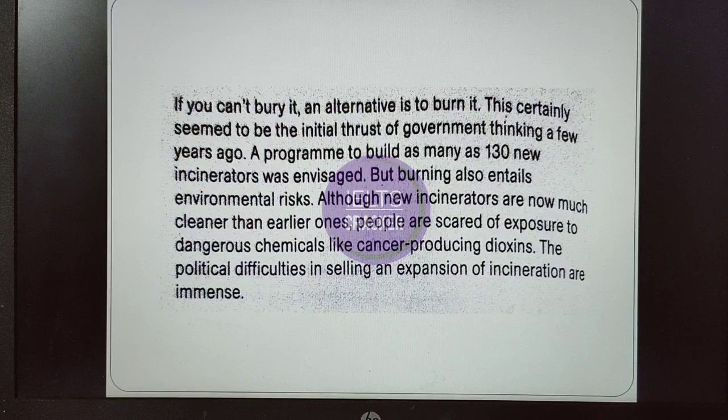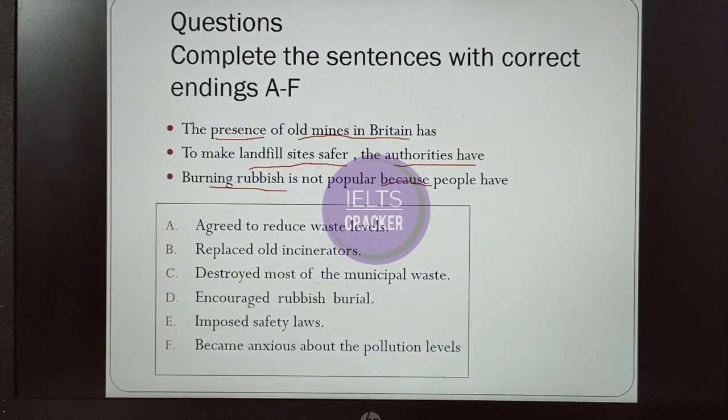But at the same time, people were also scared because of the exposure of some dangerous chemicals, and along with that, some political difficulties were also there. So this is all we have read in the passage, and now we will shift towards the statements and the options. So first is the presence of old mines in Britain has.